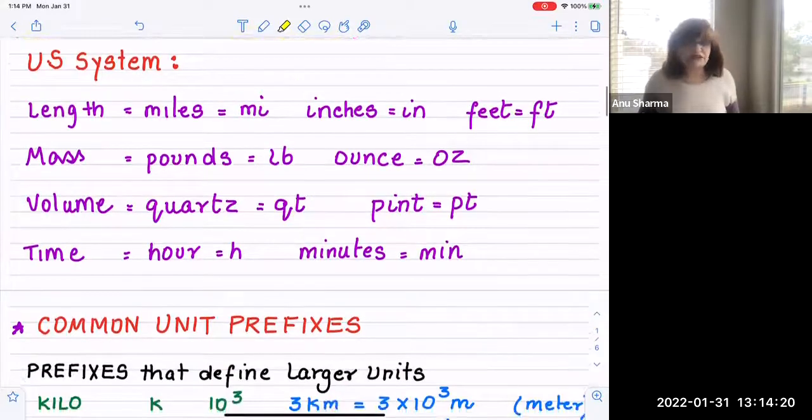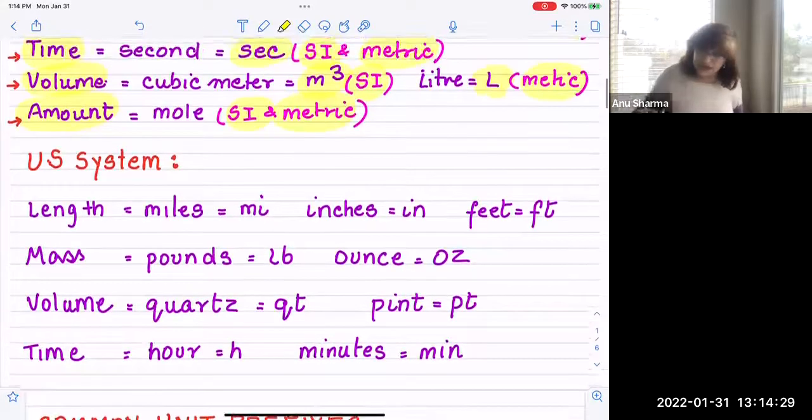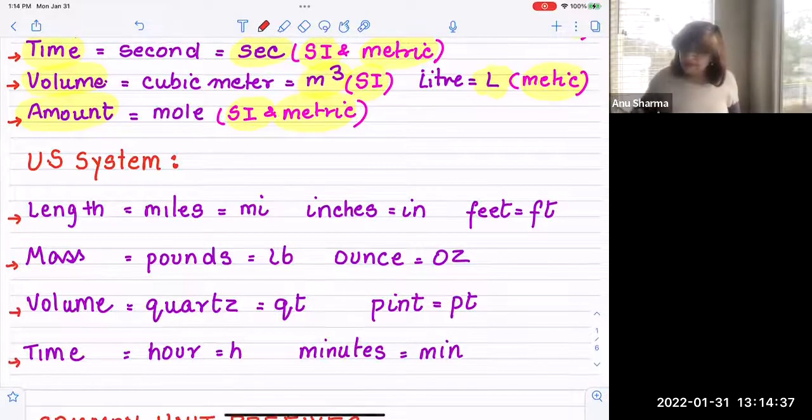But then the US system is also more commonly used in the US, which does not follow the SI. So what is that? Here are the base units again: length, mass, volume and time commonly measured. For length in the US, we use miles, inches, and feet.